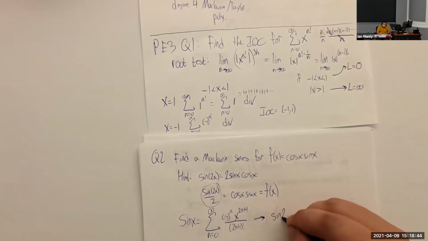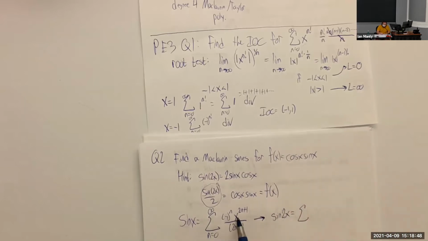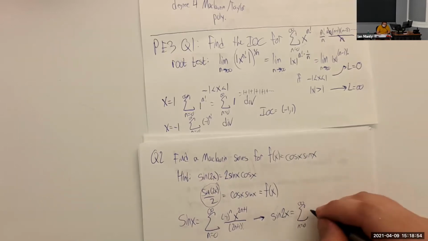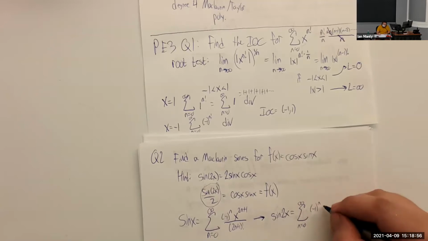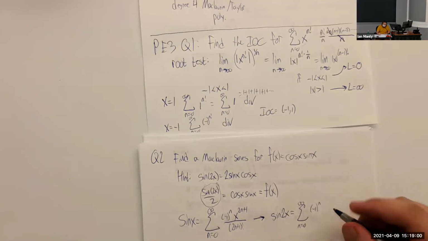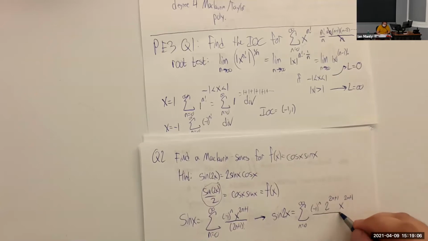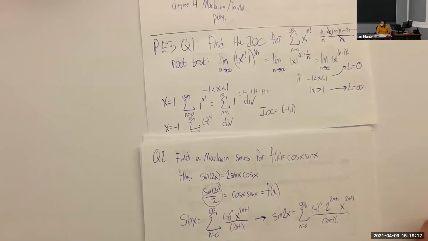That's just going to be me substituting in 2x for the x. So sum from 0 to infinity, we have -1 to the n. And since I'm putting the 2 in here as well, it's also going to be a 2 to the 2n plus 1, x to the 2n plus 1 over 2n plus 1 factorial right here.